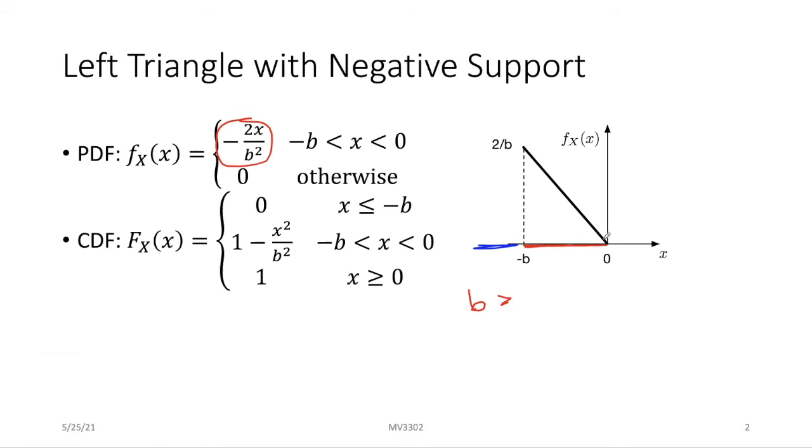And likewise, if we plug in 0, we see that 1 minus 0 is 1. And so, in other words, the probability that this random variable will be less than or equal to some value up here is going to be 1, because all of the area is to the left of all the points up here.